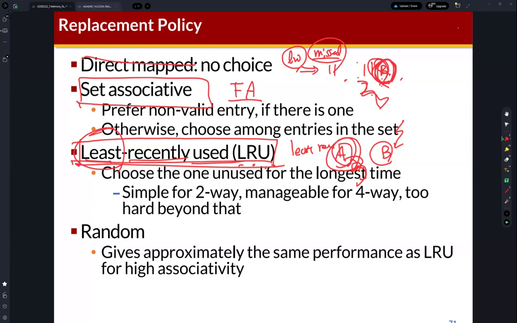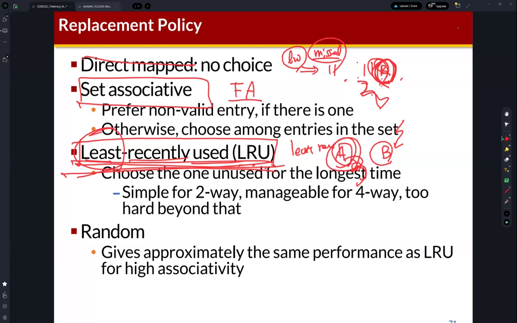Based on temporal locality, if a certain block is least recently used, then we can expect that this block will not be used in the near future, right? So that's why we frequently use the least recently used (LRU) policy for cache replacement.